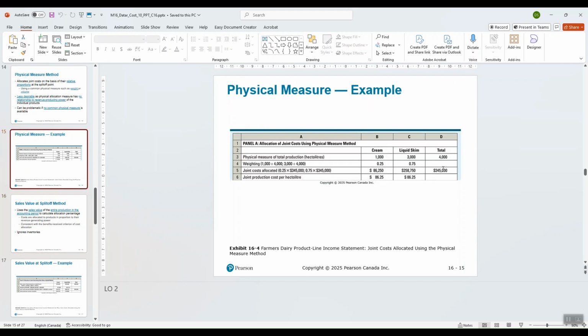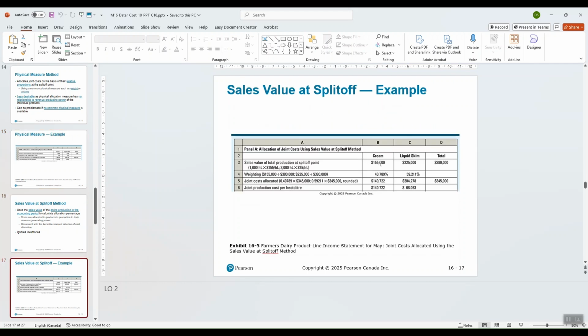So I feel that the previous method is easy to use, but using a sale volume split makes more sense, because there is a different price tag for each of the two products. They are two different products, so I think it makes sense to look at the product sales versus the volume of quantity that it produces.